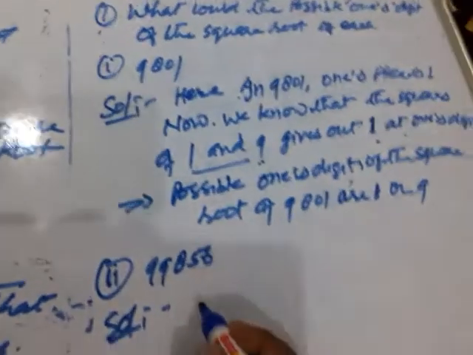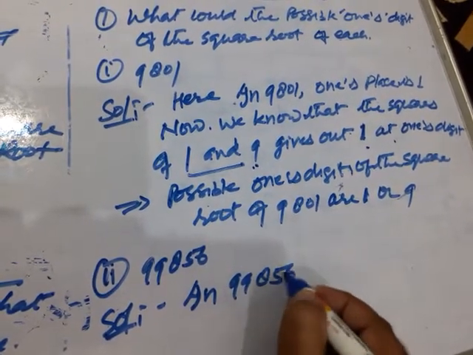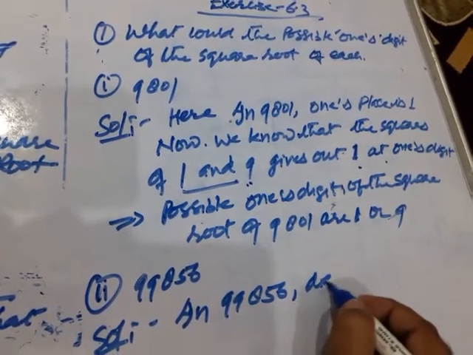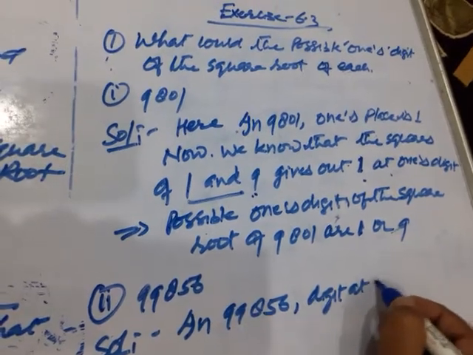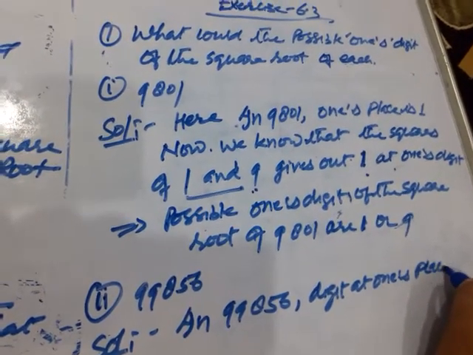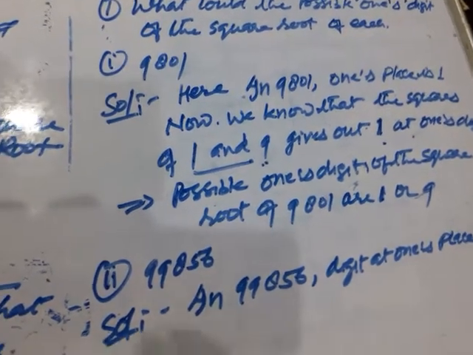Here in 99,856, the digit at one's place is 6. Okay children, now we know that.